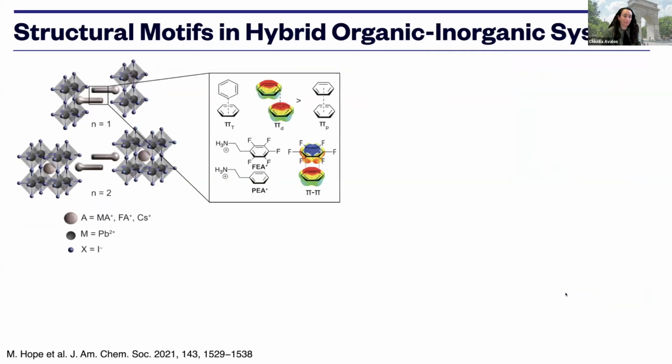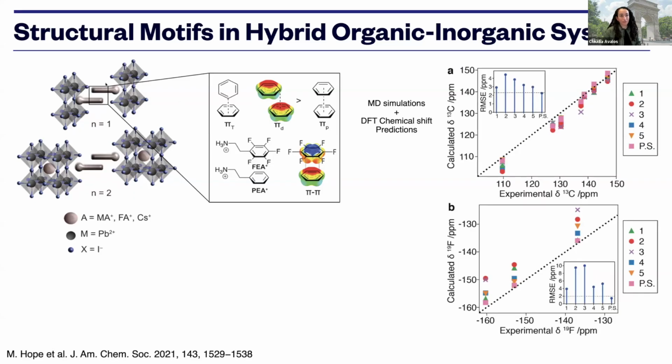Lastly, here's another example, looking at hybrid organic and inorganic systems. Once again, with organic components, we're thinking about pi stacking or slip stacking. In this study, MD simulations are done, and DFT chemical shift predictions are done for several different model structures.